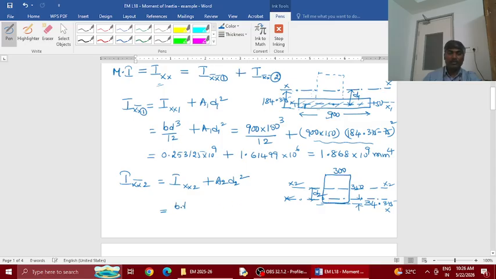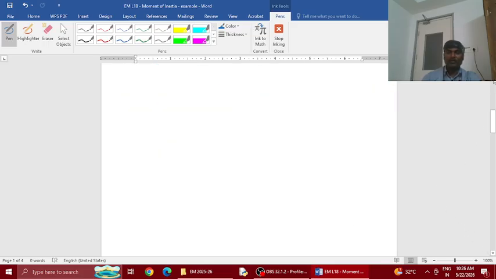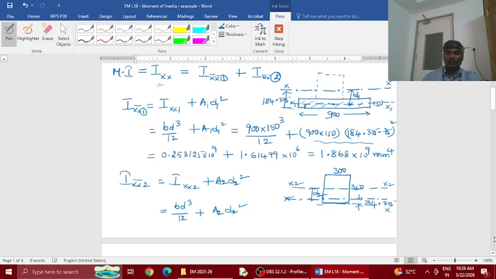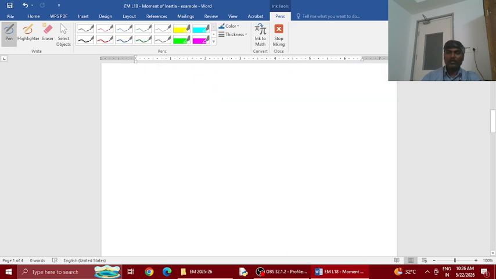It is BD cubed by 12 plus area into distance squared. So the parallel axis theorem is going to be involved here.